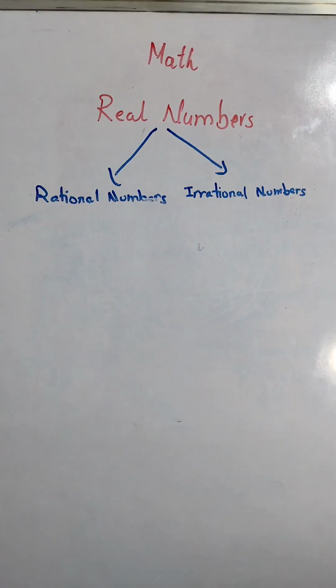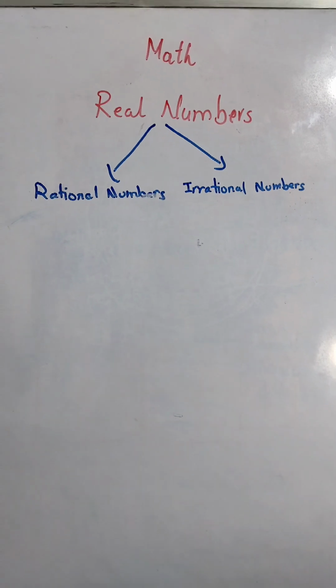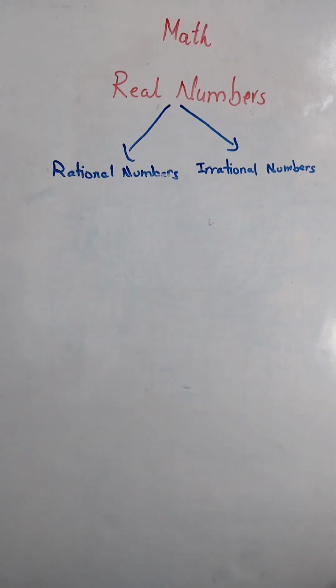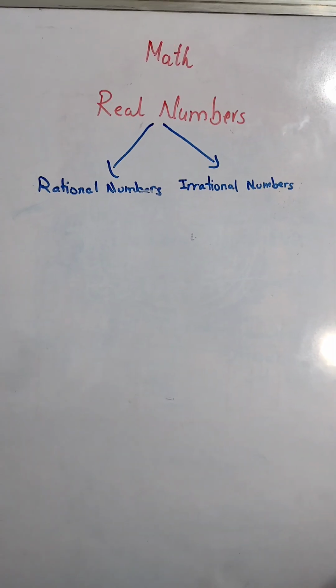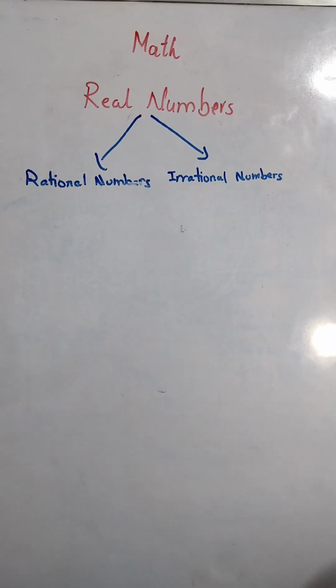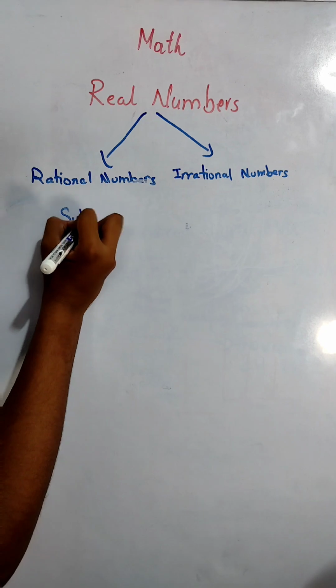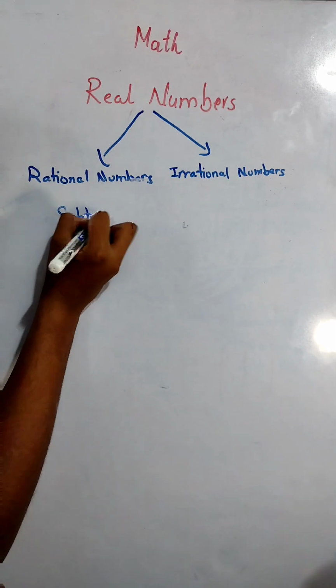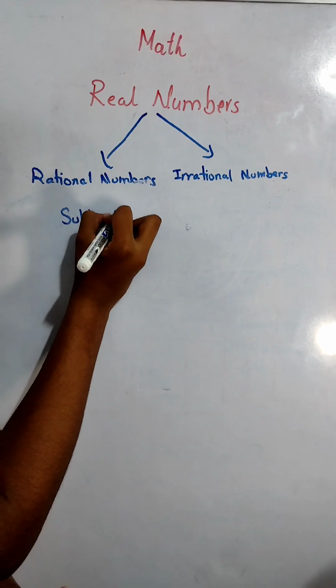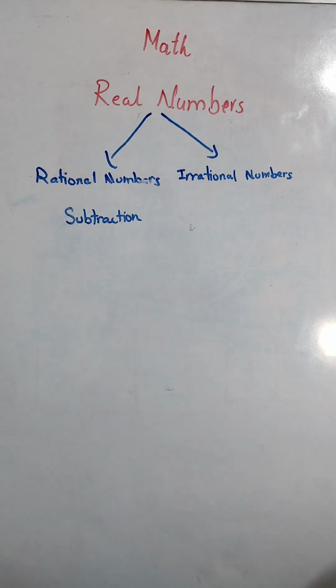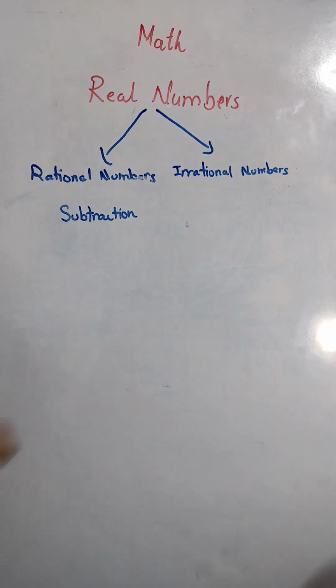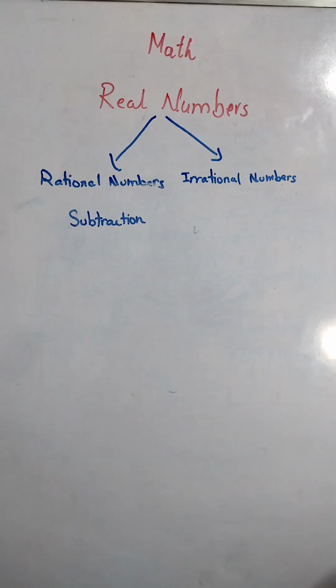Now let's see the subtraction of these real numbers. How does subtraction of real numbers actually work? So let's take the subtraction. For subtraction, again, there are the same three outcomes.